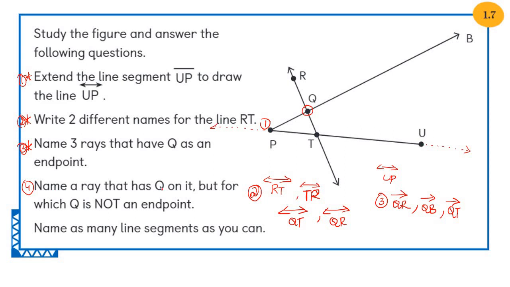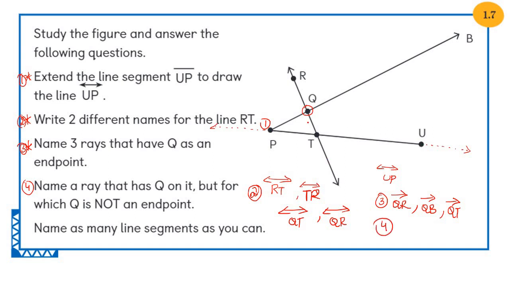Name a ray that has Q on it, but for which Q is not an endpoint. You have to name a ray that has Q on it. Q should be there on the line. And you have to name a ray for which Q is not an endpoint.